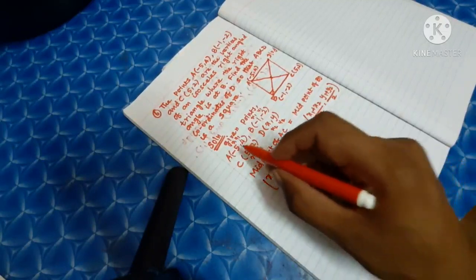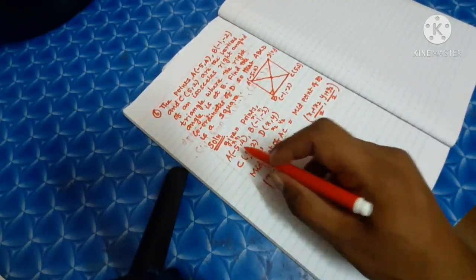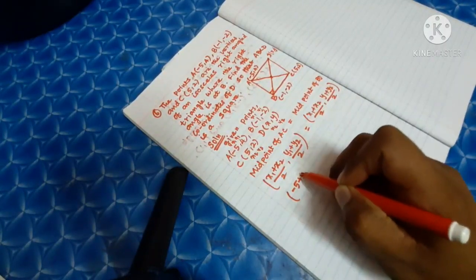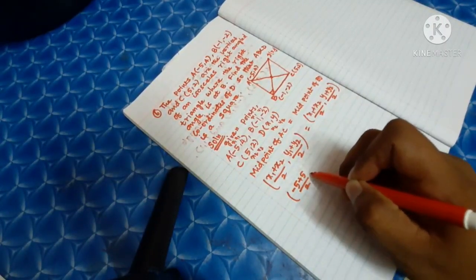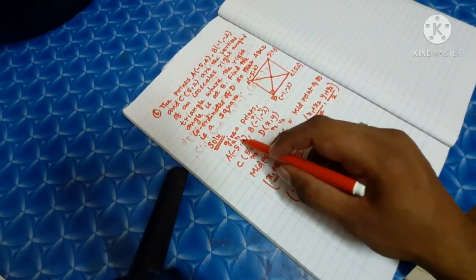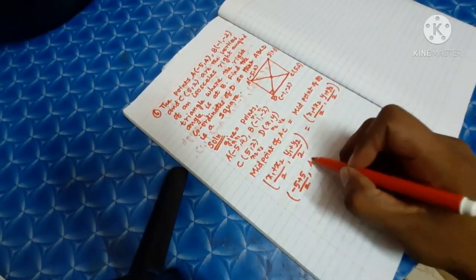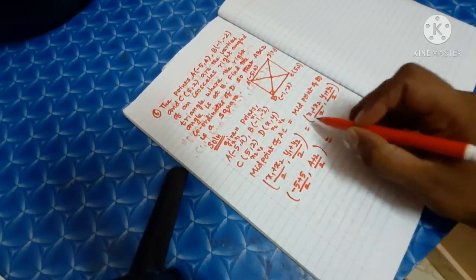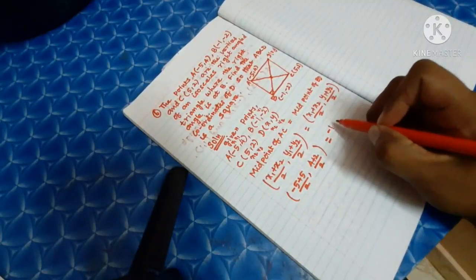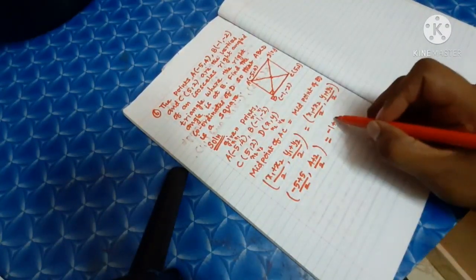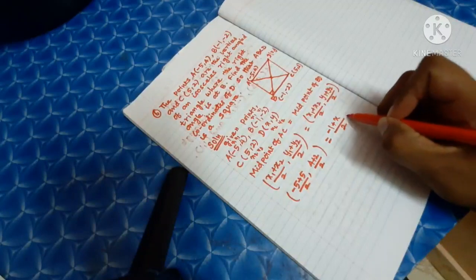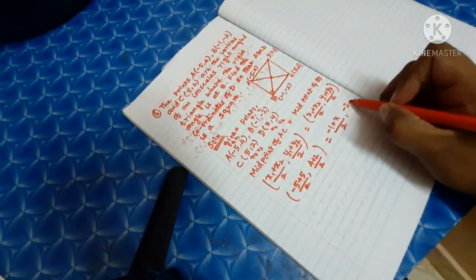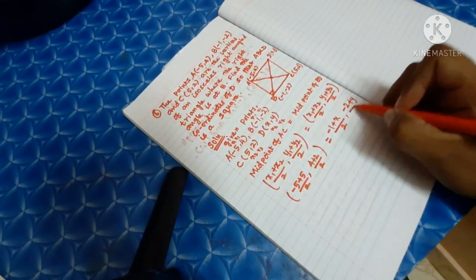From the first 2 points, minus 5 plus 5 divided by 2 comma 4 plus 2 divided by 2, which is equal to minus 1 plus x divided by 2 comma minus 2 plus y divided by 2.